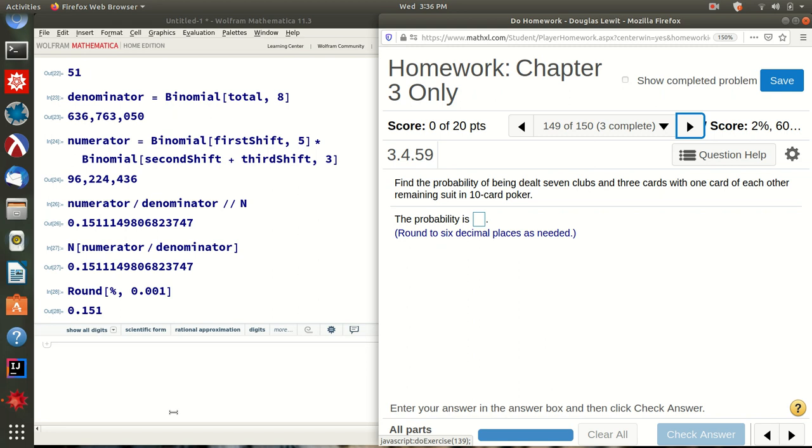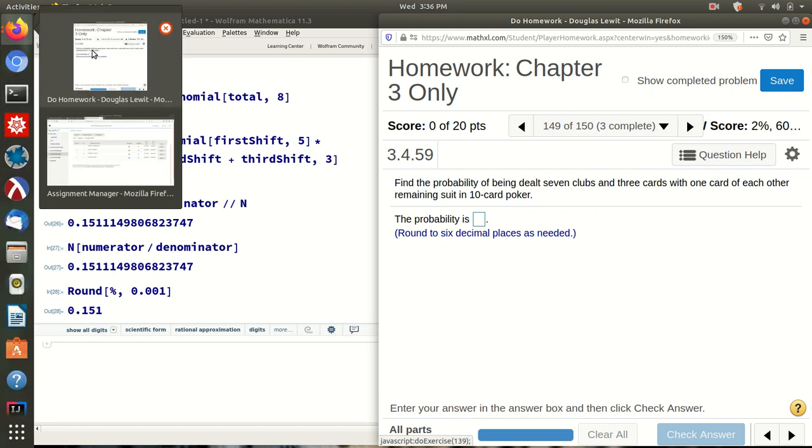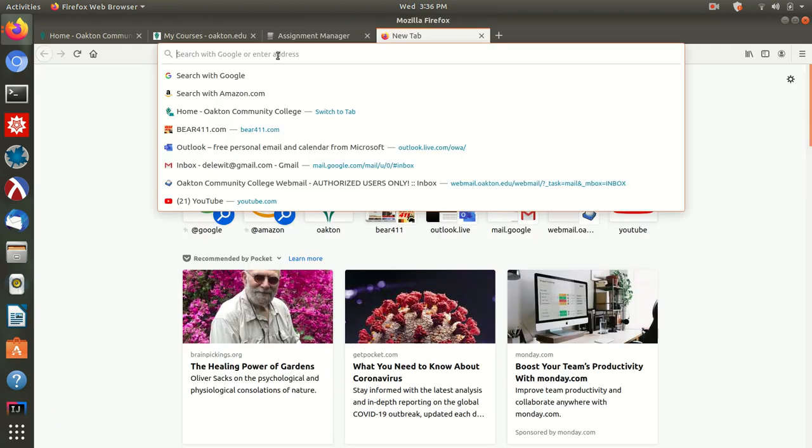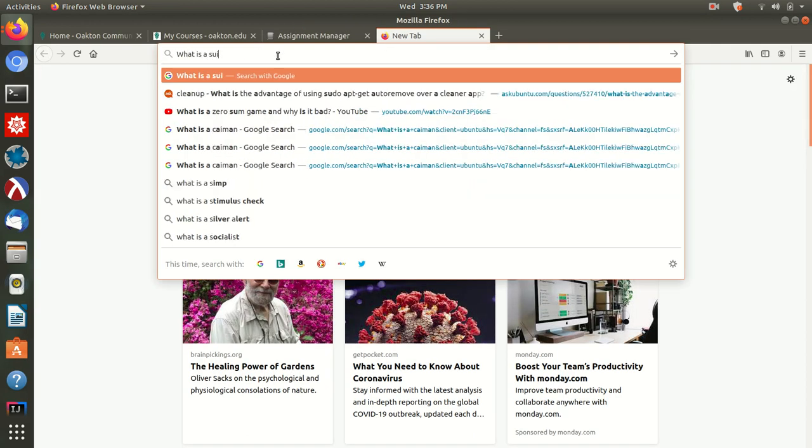Now, by suit, I have to refresh my memory on this. I believe there are 4 suits in poker. We can look this up on the internet, because sometimes I get my poker terminology a little bit confused. So let's look this up. What is a suit in poker?